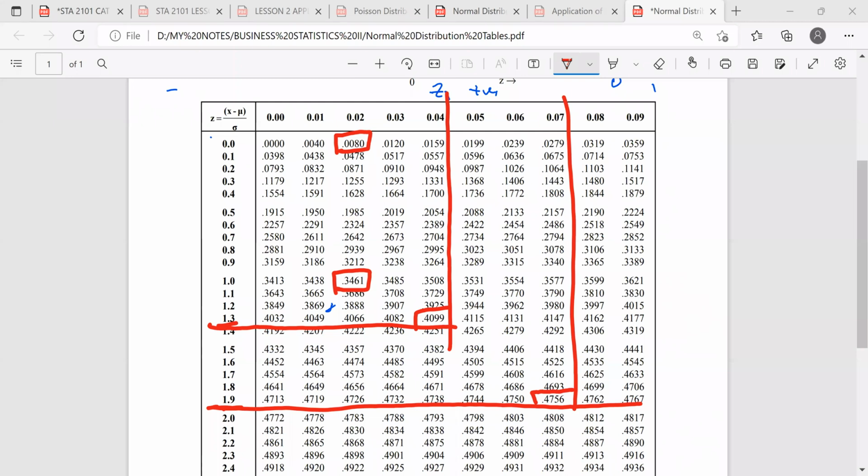So we are going to our tables and read the area corresponding to a Z value of positive 1.2. So what is that value? 1.2 is here. So in this case, it is 1.20, 0.3849. You add the two areas.